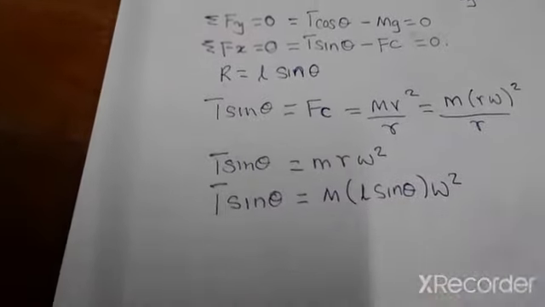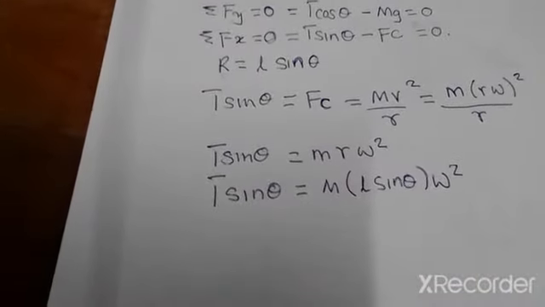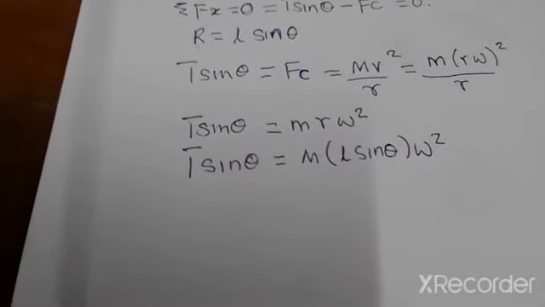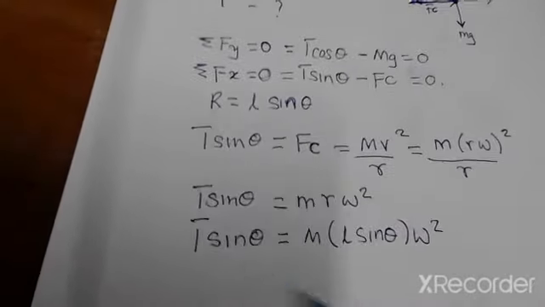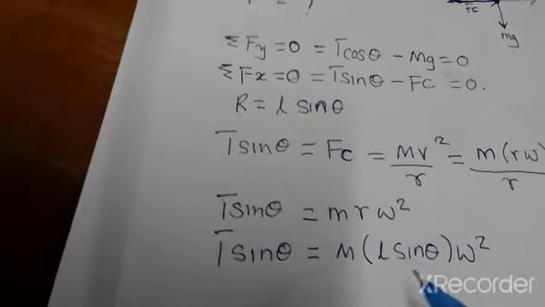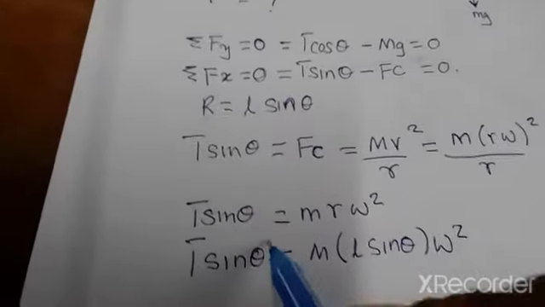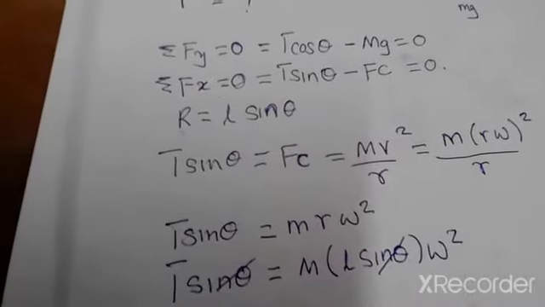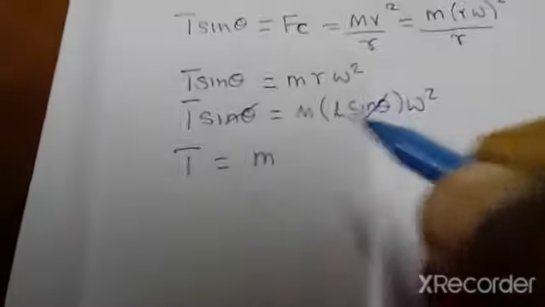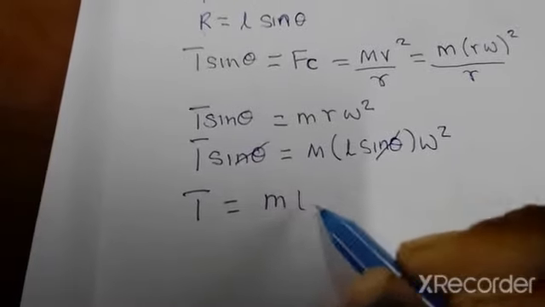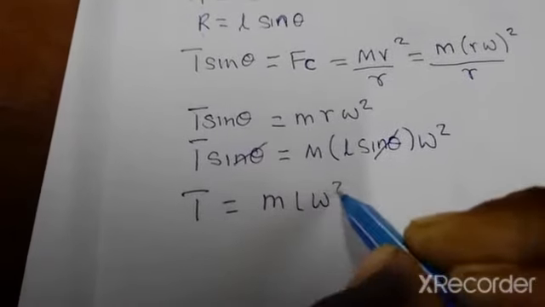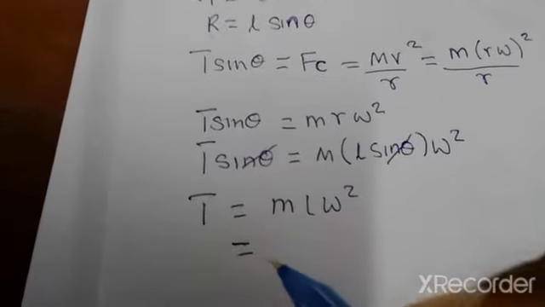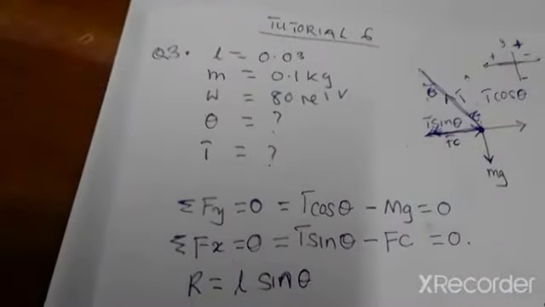Okay, we have an equation that we can use to now find the tension of the string. So we've got sine theta this side and sine theta this side, so we can divide them through, and then our tension will become m L omega squared. That will be easy for us to calculate because we've got all this data here.